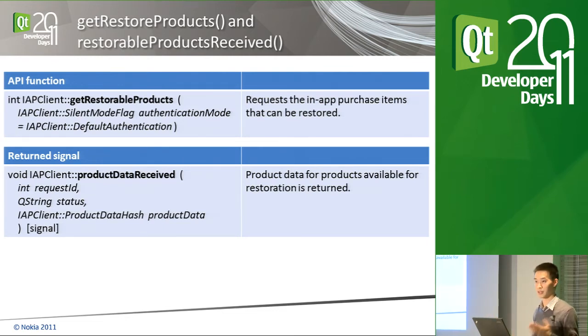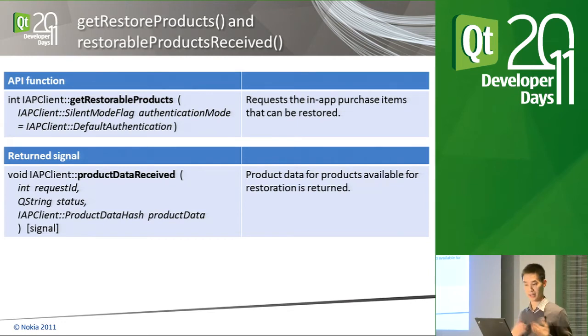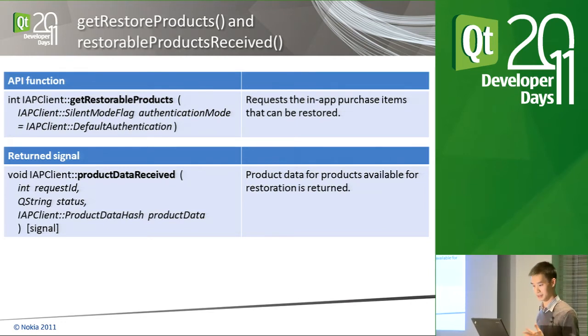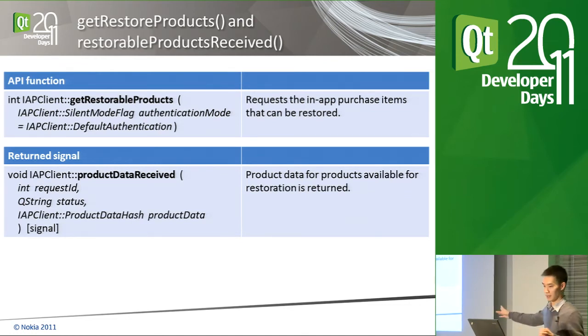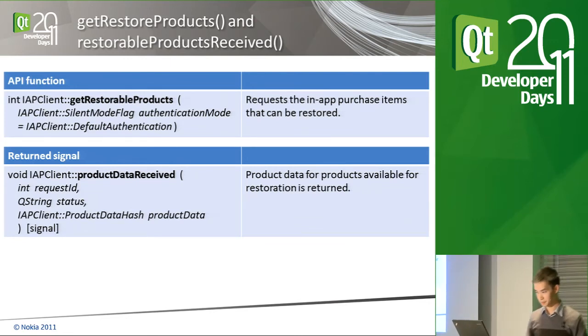So in other words, which products are encrypted with DRM that are permanent and not consumable, not rental. The system will handle restoration for apps that employ the permanent method of IAP, but not for rental or consumable. That should be handled by the developer.